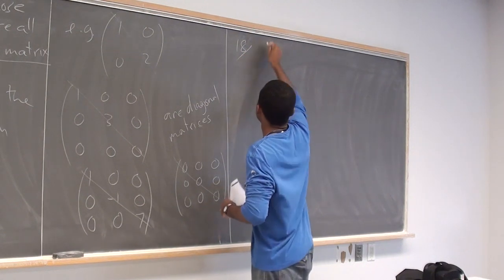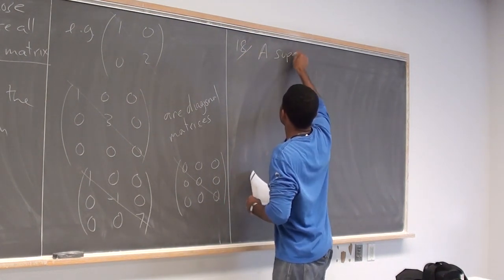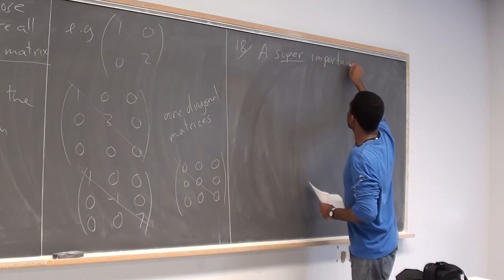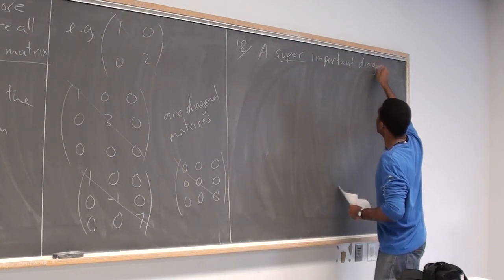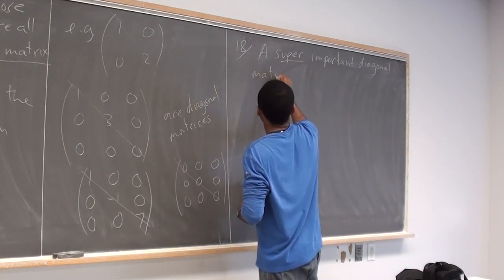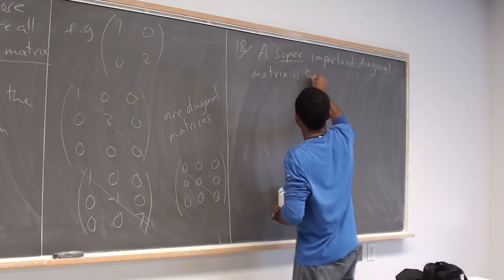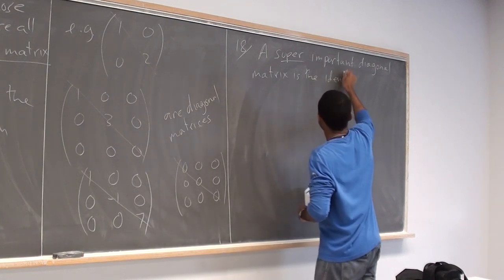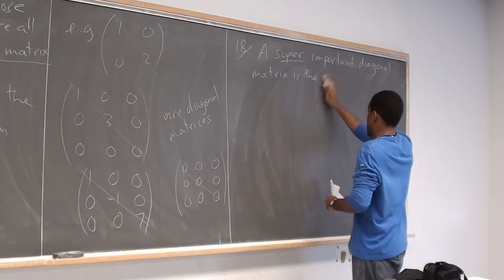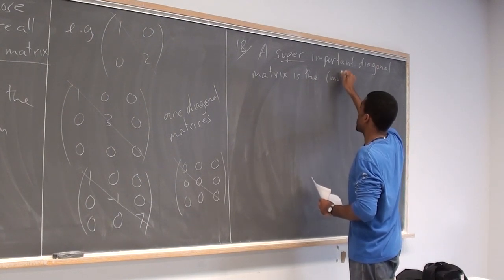18. A super important diagonal matrix is the identity. You think of it here as a multiplicative identity.